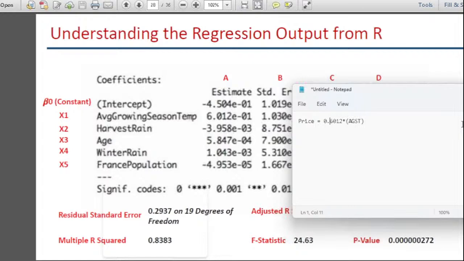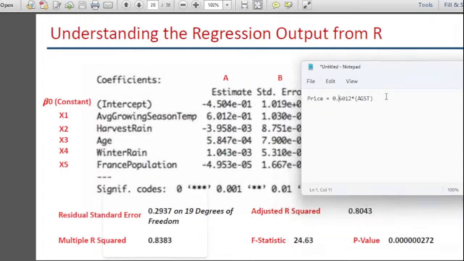So this is e to the power minus 1. You know exponential? You know how to read this, right? Plus, it will be minus for harvest rain. So I'll put a minus 0.003958 multiplied by harvest rain. Clear?